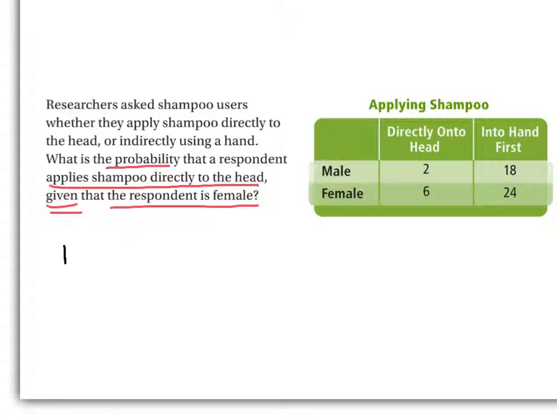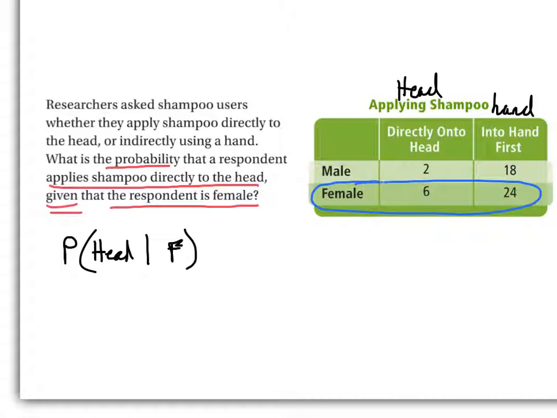So, therefore, to write the probability statement, let's call this hand, and this one's going to be head, just to make sure it's easy to keep those apart. So the probability that they apply it directly to their head, given that they're female. Okay? So I already heard somebody say it, eliminate the males, right? We're only looking at the female respondents.